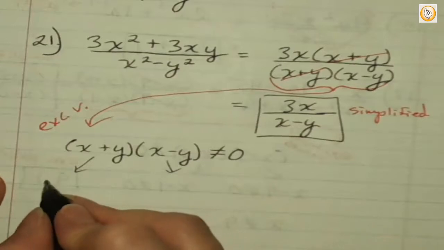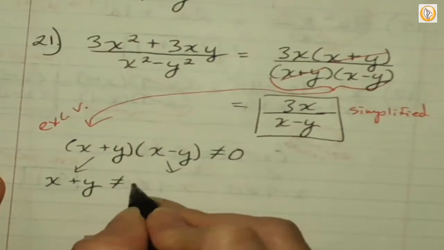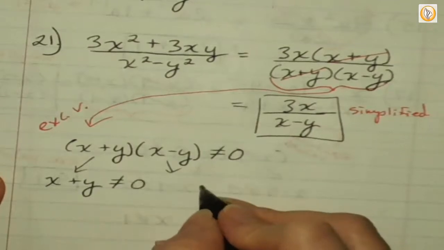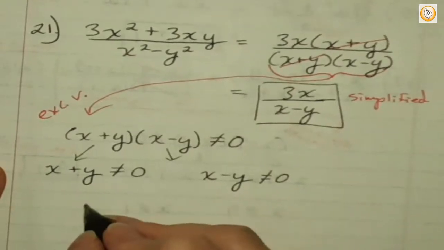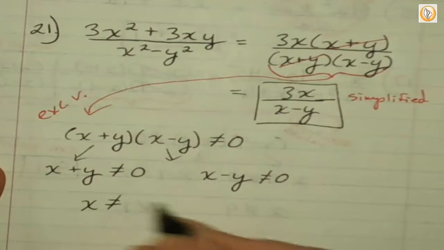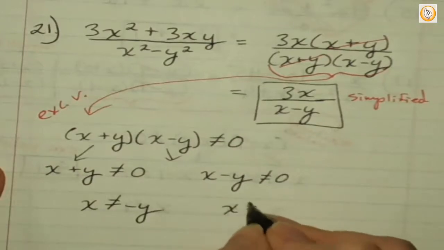So then what do I do? X plus y does not equal 0. And then x minus y does not equal 0. And then x does not equal what? Negative y, and x does not equal positive y.